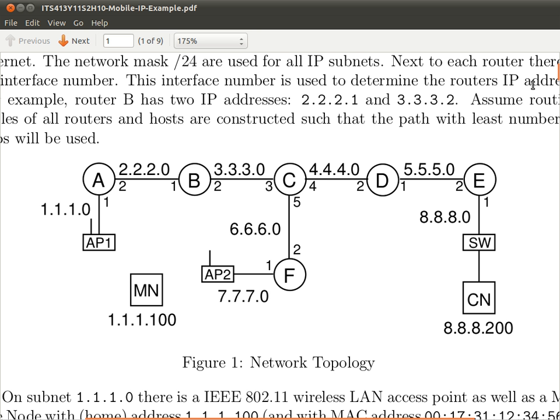So now, the home agent performs tunneling. It puts this IP datagram inside another. It takes this original IP datagram and adds an IP header.